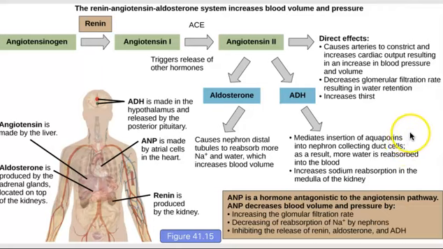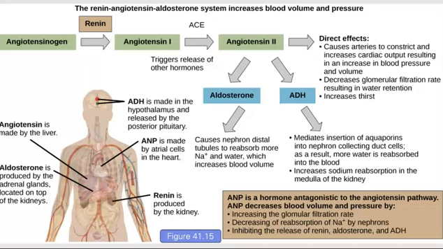And remember that these are water channels, so they allow us to take water from the tubules and move it into our blood. That then increases our blood volume, which increases blood pressure. And it can also increase sodium reabsorption in the medulla of the kidney.